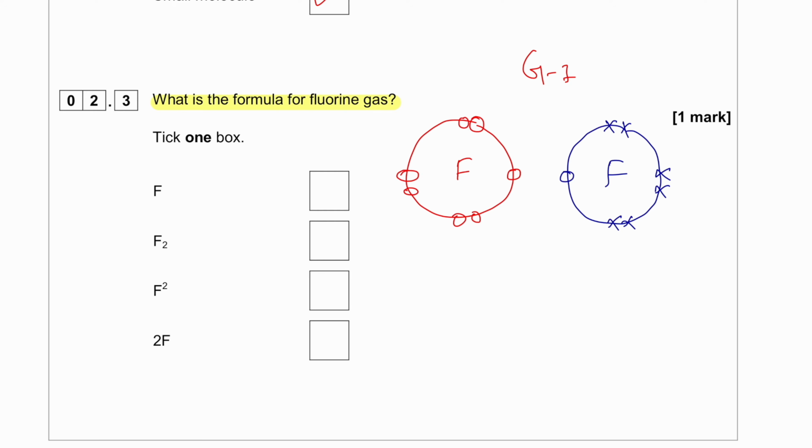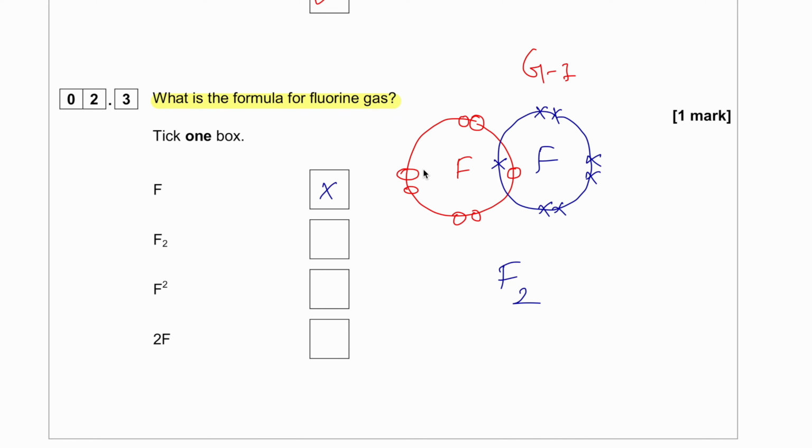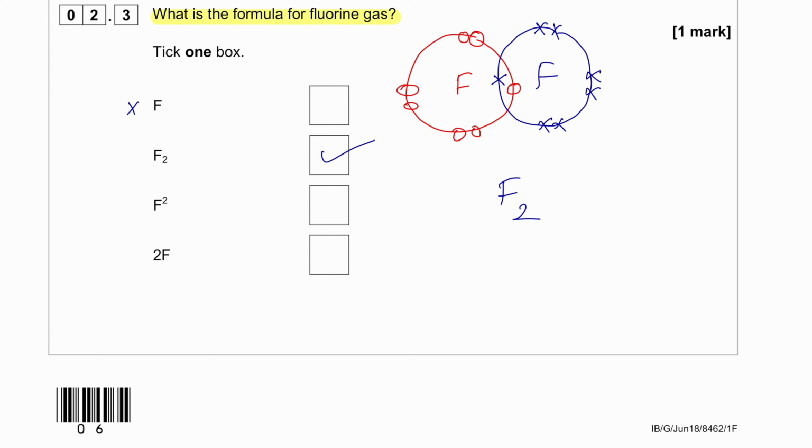It's just that I want to show that dot and cross diagram clearly. Here, if they share the electron between them, that makes it a diatomic molecule, meaning F2. So this will be wrong, this will be wrong. F2 is the correct answer, guys. So fluorine, since it is diatomic, shares 1 electron between each other, and that makes it F2. F to the power of 2 or 2F, all of them will be wrong.